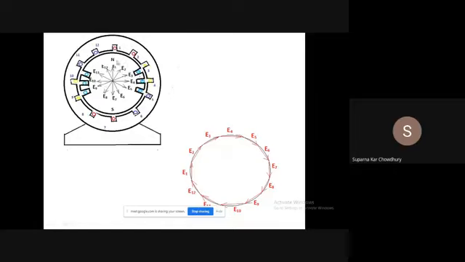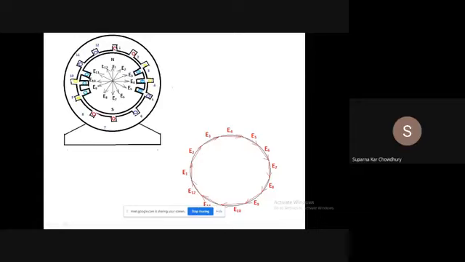According to this figure, this is the north pole and this is the south pole. Depending on the position of this field, EMFs will be induced in all those coils, all those windings.